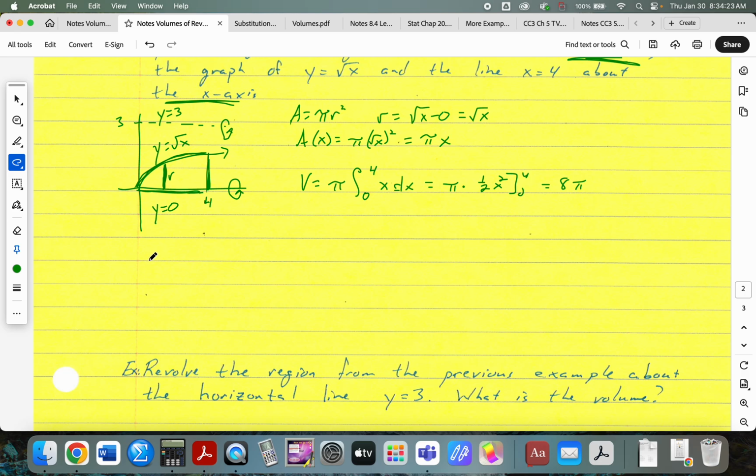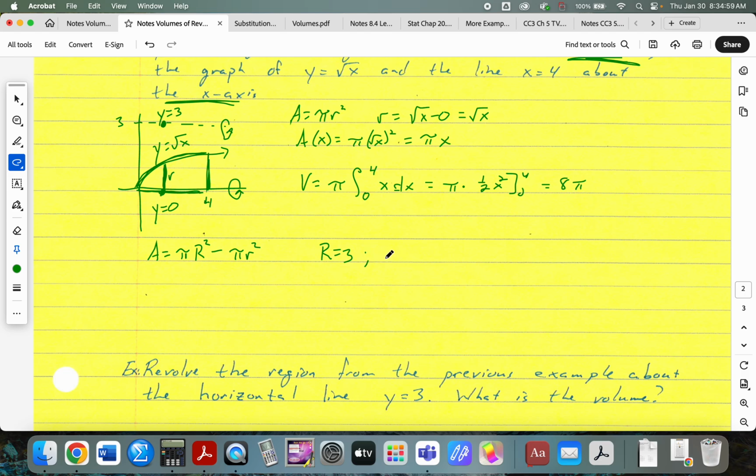So my area is going to be pi times the big radius squared minus pi times the little radius squared, where the big radius will be the distance from the axis of revolution all the way to the far side of my representative slice. What's the distance between these two? 3. It's always 3. Big R is always 3.